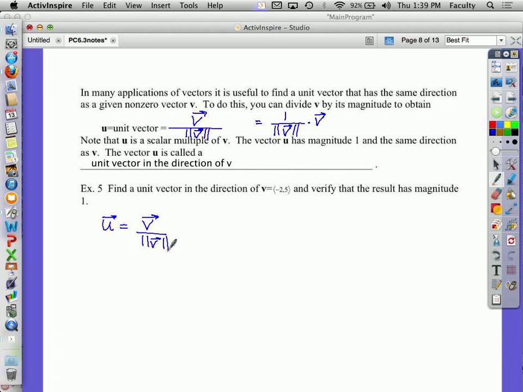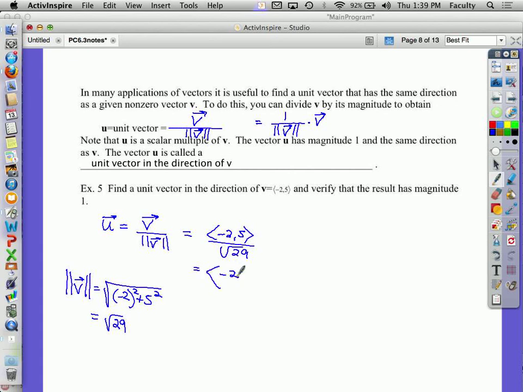A unit vector is vector v divided by the magnitude of vector v. So let's first find the magnitude of vector v. This will be the square root of negative 2 squared plus 5 squared. That's the square root of 29. So my unit vector is negative 2, 5 divided by the square root of 29.